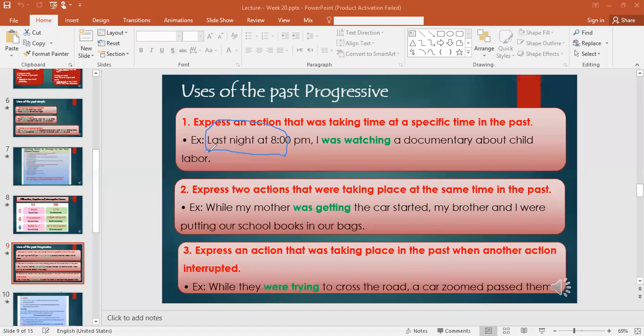I didn't tell you last night only; I told you last night at 8 p.m. So the first use of the past progressive is that it expresses actions that are taking place at a specific time in the past.